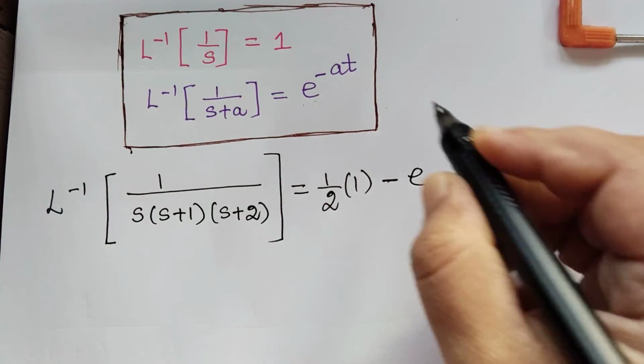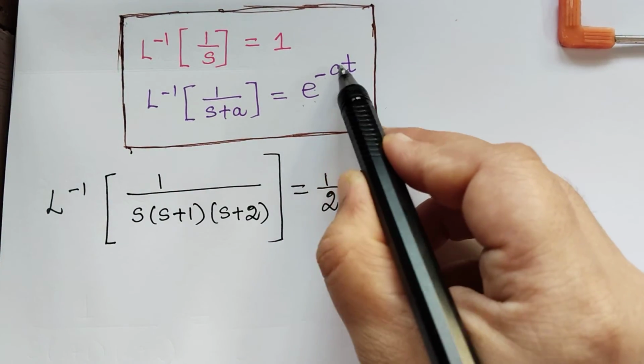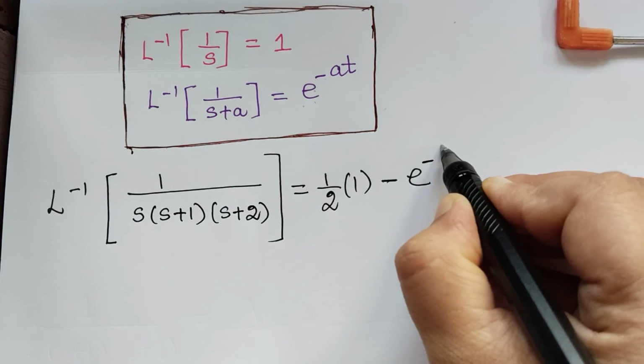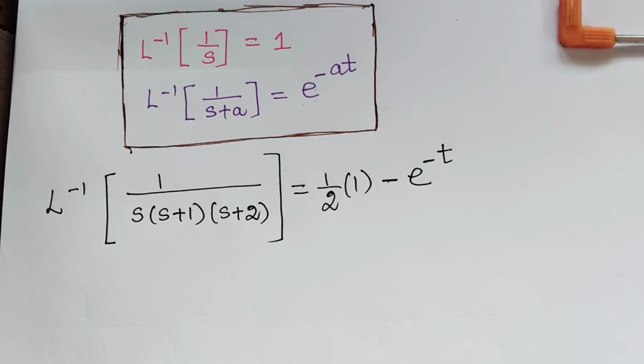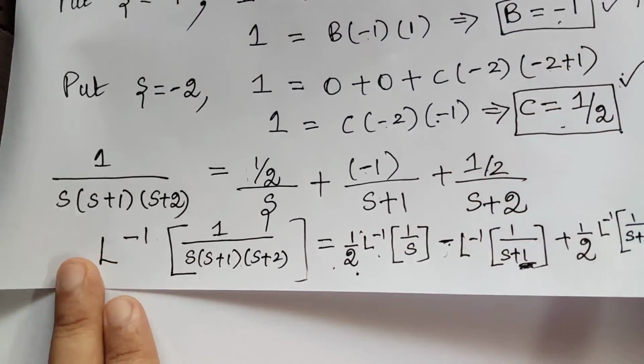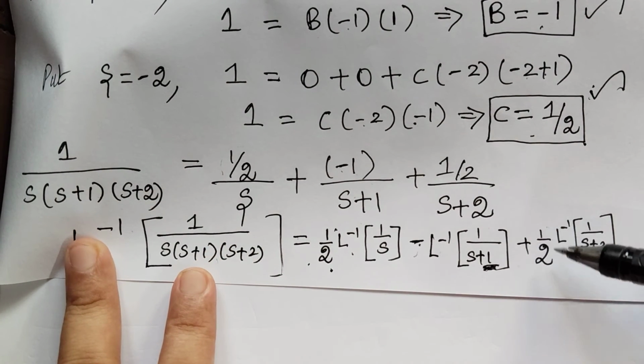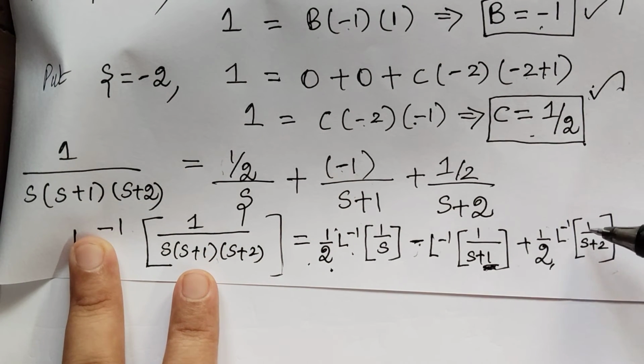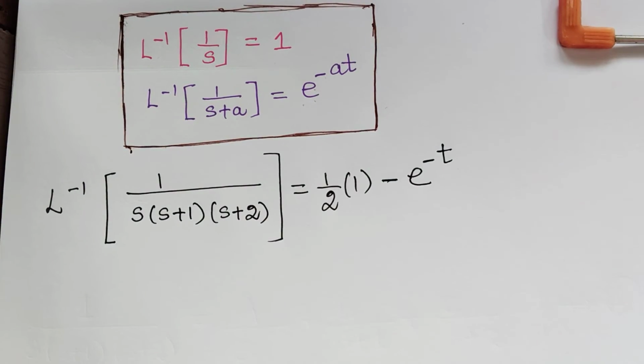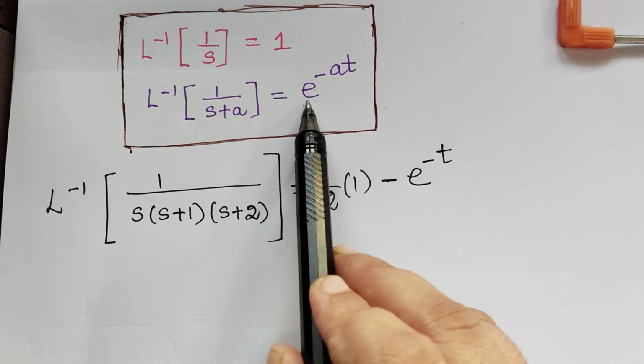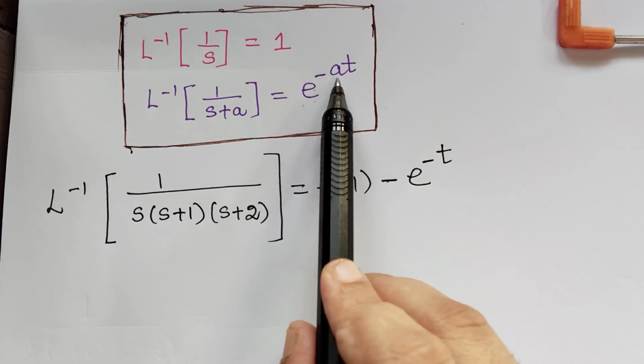It will be e to the power minus t. And the third term is 1 by 2 inverse Laplace transform of 1 by s plus 2. So the value of a is 2 now. So what will be the answer? e to the power minus 2t.